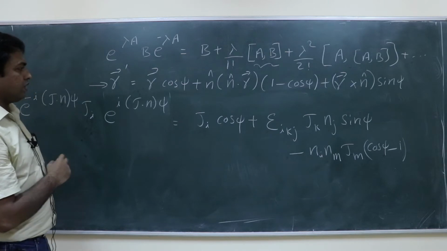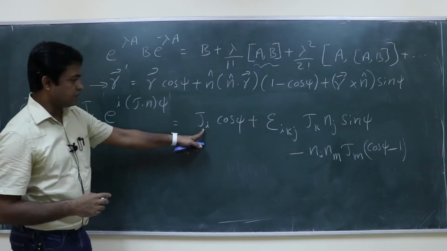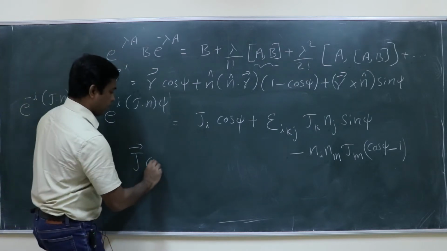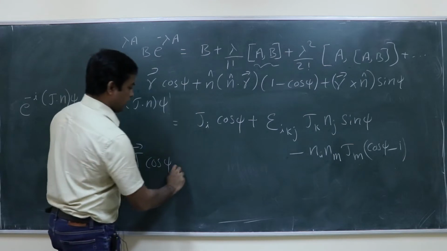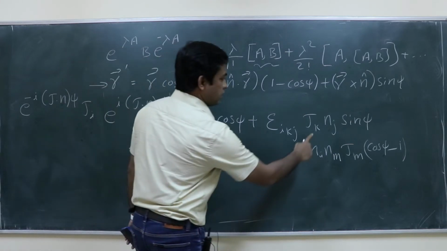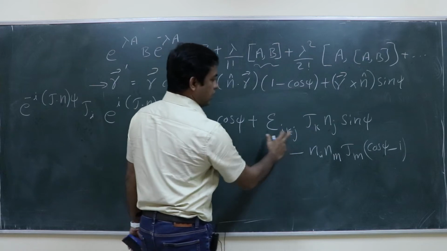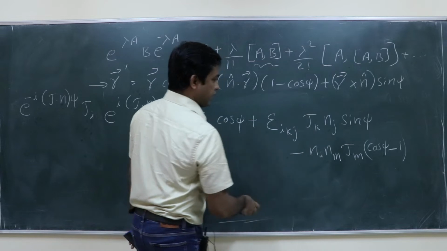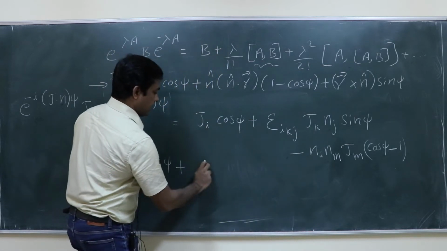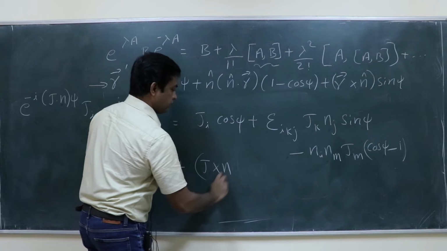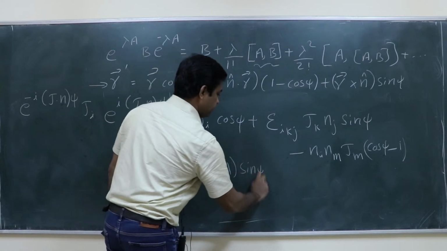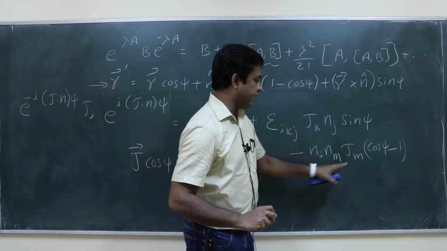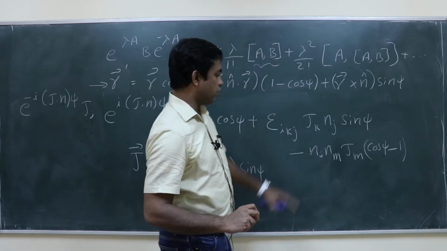So j_i will become the vector j cos psi plus, epsilon ikj j_k n_j is the ith component of j cross n, so you get j cross n sin psi. n_m j_m is n dot j, and n_i is the ith component of n.